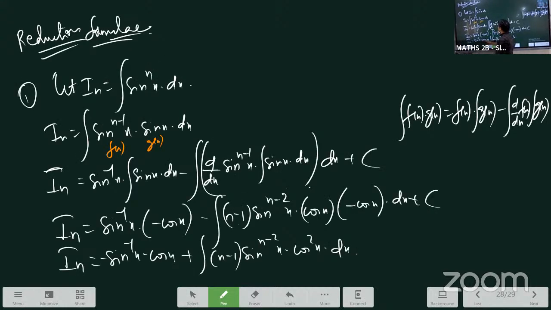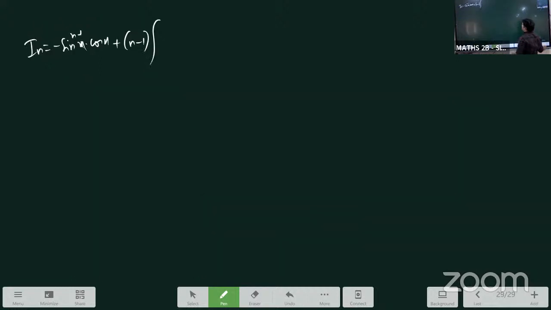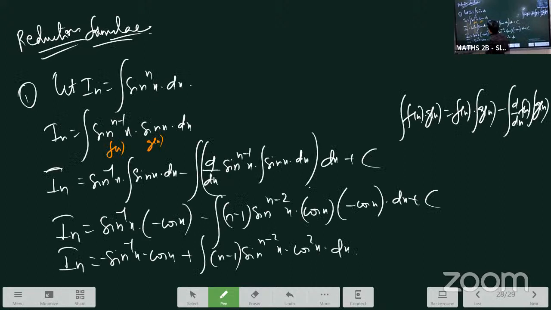Sorry, this is sin power n minus 1 only. So sin to the power n minus 1 x into cos x, minus, plus n minus 1 outside.